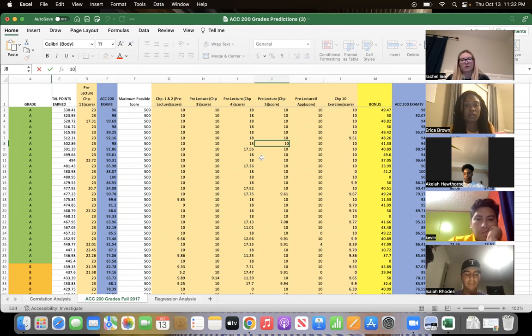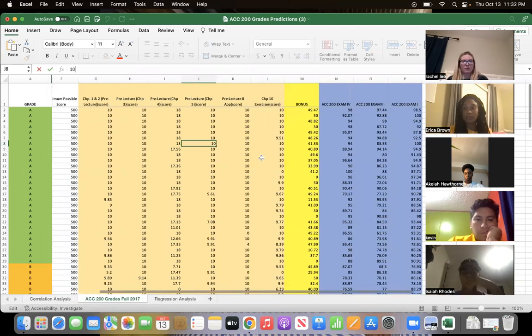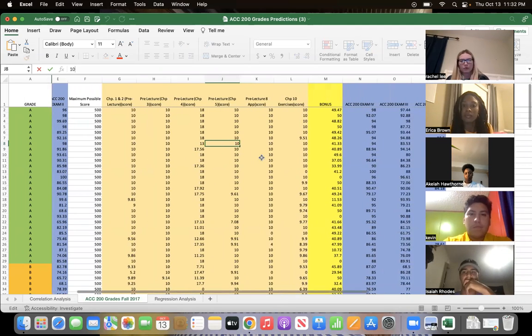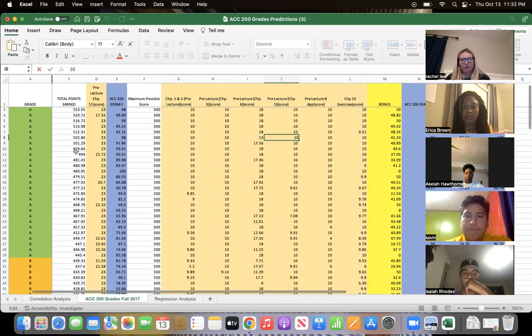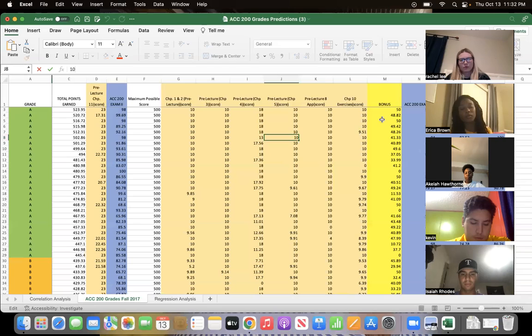While doing this though, we noticed a few things. One of the first things I noticed was a pattern. If you look at the total points earned, and look at the bonus points that were earned or completed, you'll notice that pretty much everybody who did that changed a letter grade.